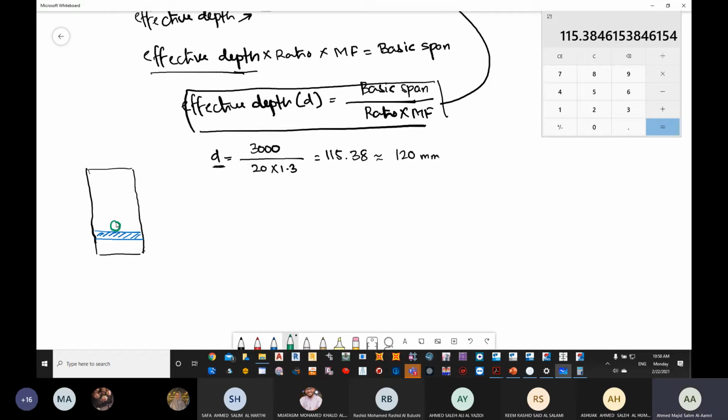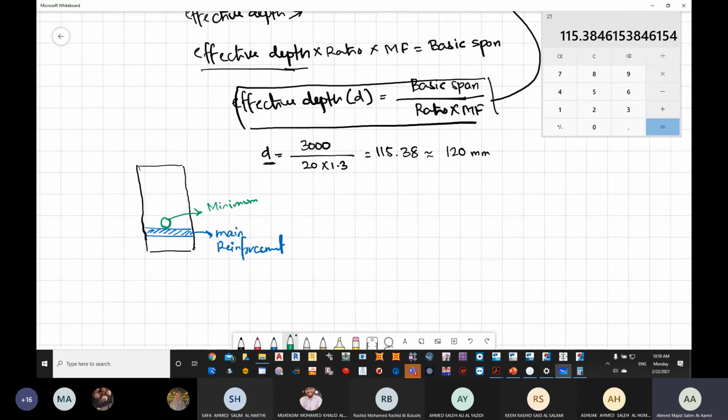We have the blue color, which represents your main reinforcement, and then the green color, which represents your shrinkage or minimum distribution reinforcement. Minimum, distribution, shrinkage, all of them are fine.